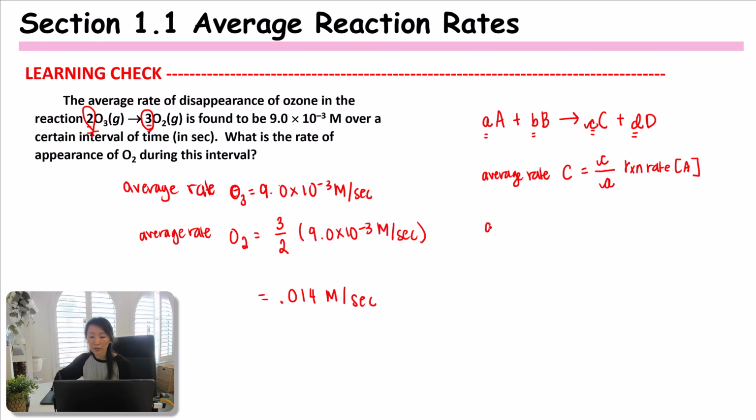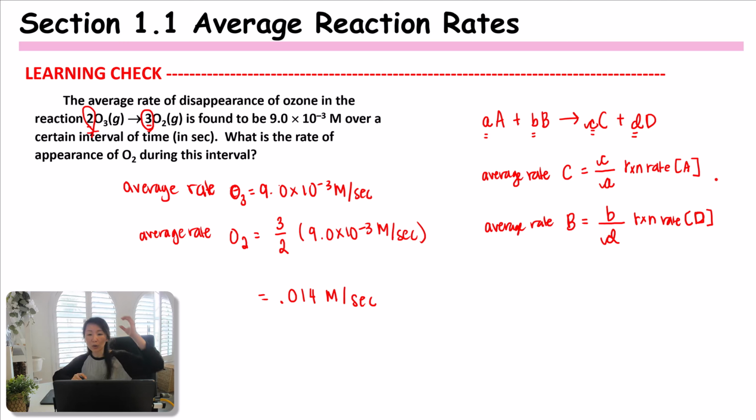What if you want to know the average rate of B, and you know the average rate of D? Then you would write the coefficient of what you want on top, and the coefficient of what you already have on the bottom, times the reaction rate of D based on what you know so far.